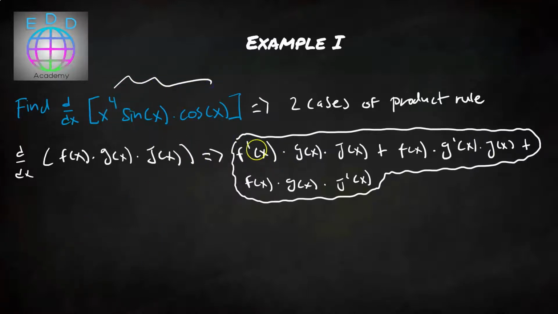So in this case, f of x is x to the fourth, g of x is sine of x, and j of x is cosine x. So I'm going to actually write this on the next slide.